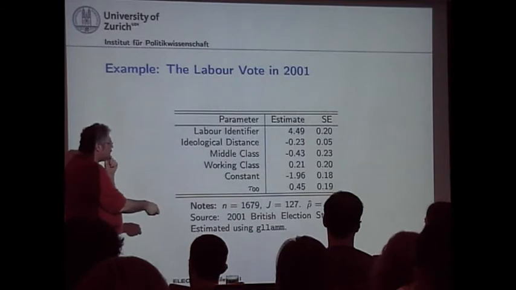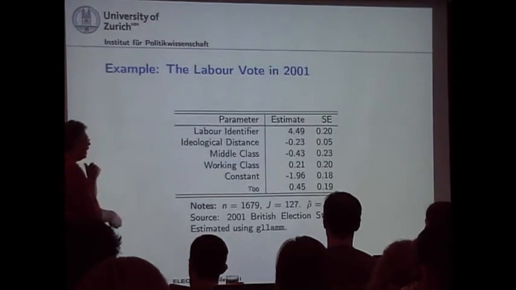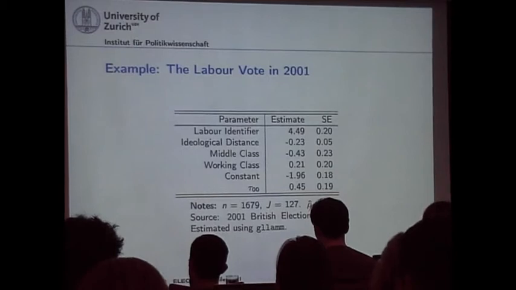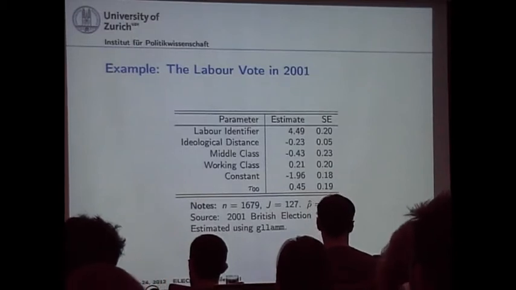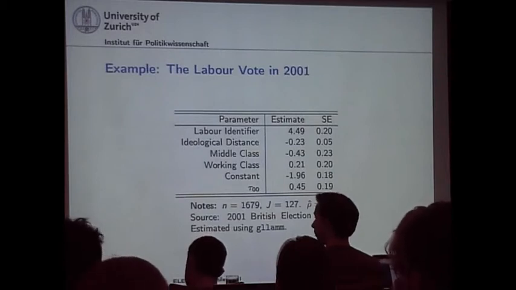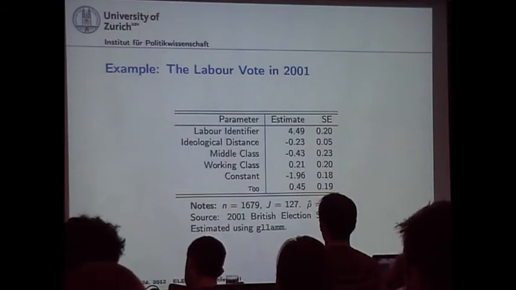The interclass correlation, calculated this way, is about 0.12, so we'll say about 12% of the variance in y star is due to this interclass correlation. It's really 12% of the variance in the latent variable. That's, I think, important to point out.